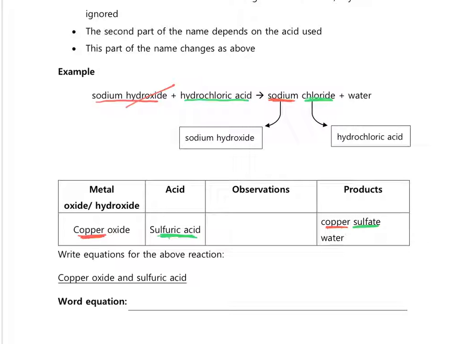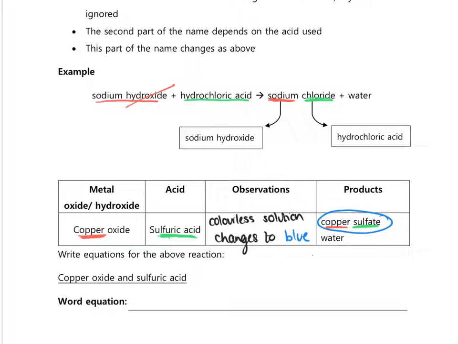But when it starts to react, we see that the colourless solution of the acid changes to blue. And that's because initially we were working with sulfuric acid, which is colourless, but we are forming copper sulfate which is blue. And that's why we see the blue colour forming.